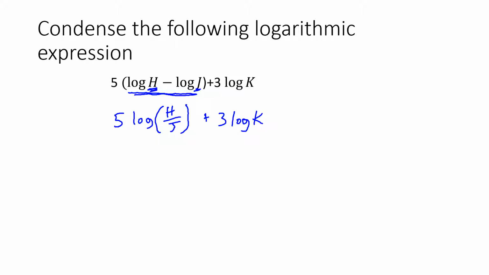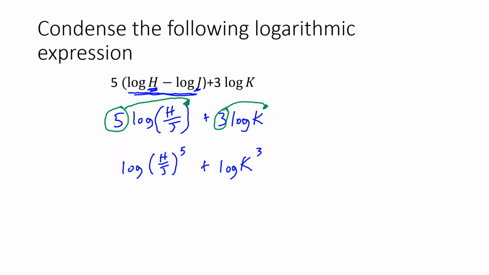The next thing we'll notice is that because of the power rule for logarithms, this 5 can come to the argument as a power, and this 3 can come to the argument also as a power. So if we rewrote everything, we'd say log of h over j to the 5th plus log of k to the 3rd.